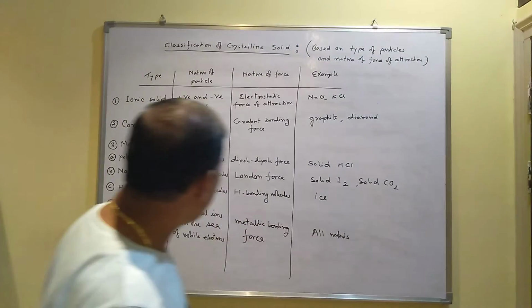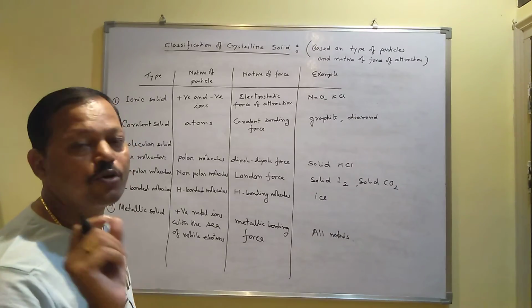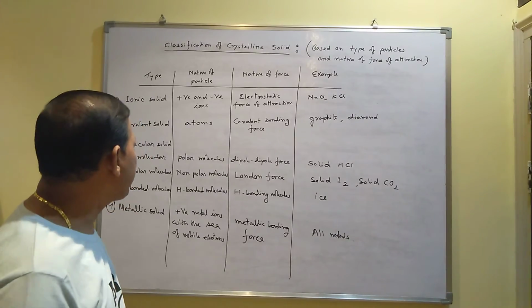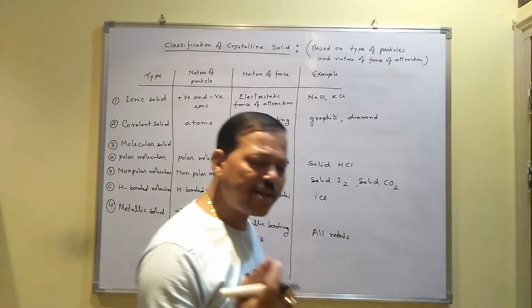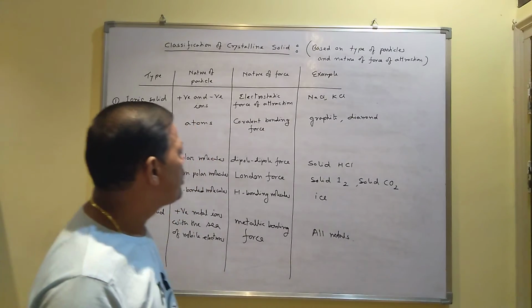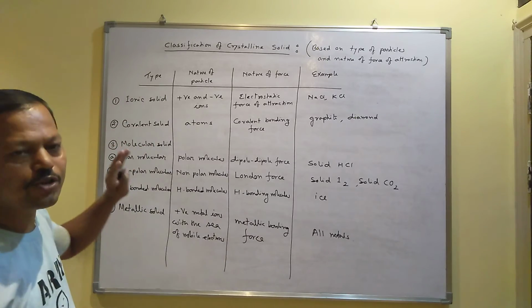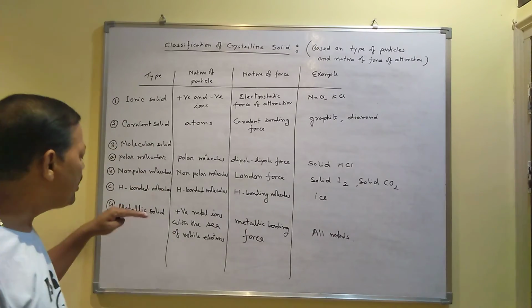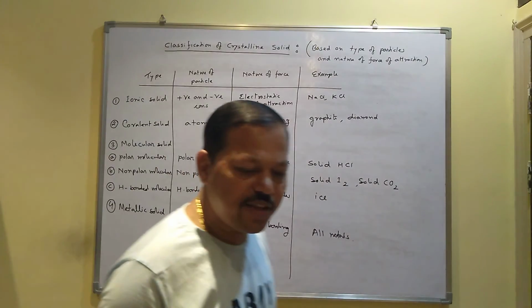And if you know about the physical nature, metallic solid is one of the solids which are good conductors of heat and electricity. Molecular solids, generally they are soft, their melting points are low, and they are insulators. So in solid state, ionic solid, covalent solid, molecular solid, all are insulators. Only metallic solid is a good conductor of heat and electricity in solid state.